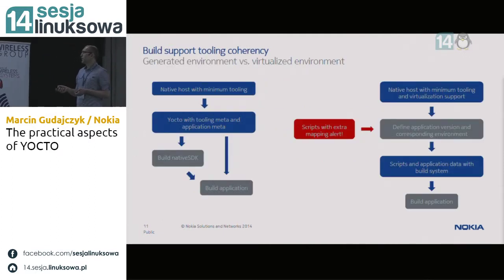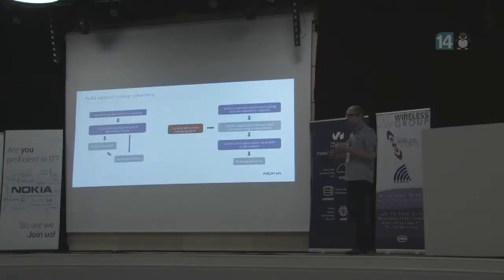So in our approach, we have the native host, we have Yocto with our layers, and we generate the native SDK, and then we build our application. We can contrast it with some kind of virtualization approach. Don't get me wrong, I don't want to point out any weakness of this solution. I just found it to be a good contrast for this approach.